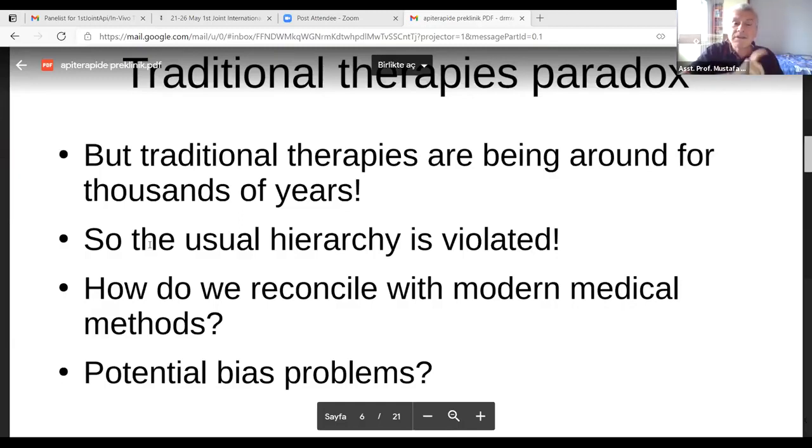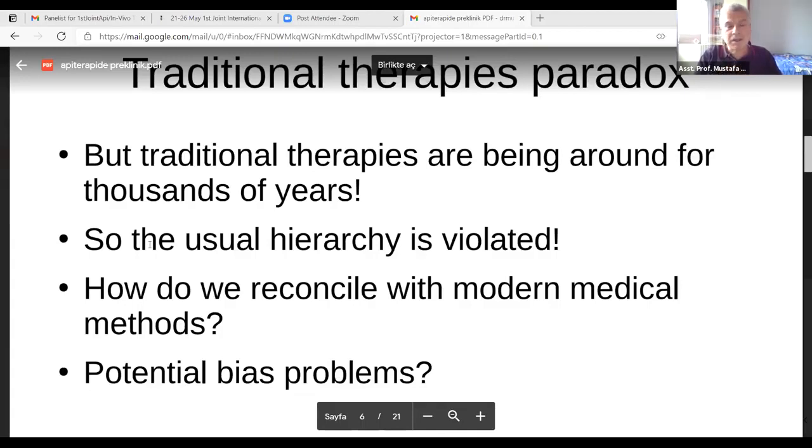Let me tell you, all these stages actually ensure the safety and efficacy of the drug. But because our product here is not tested for efficacy through all these stages, they have a head start, if you like. And we also have a potential bias problem.